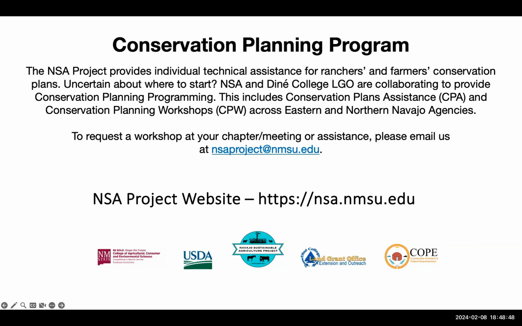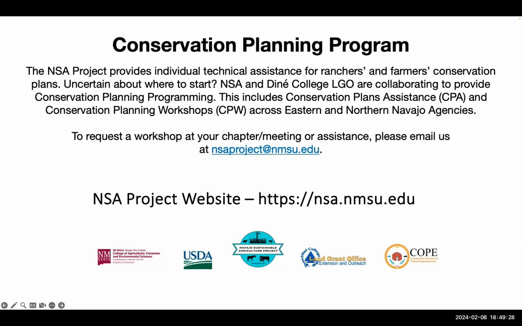From the beginning, I briefly talked about the conservation planning program. If you are interested, we do this for free. The NSA Project provides technical assistance for ranchers and farmers for conservation, building a basic conservation plan. Whether you are a farmer or a rancher, we work with you in developing a plan, either in a group setting or with technicians that will call you and meet with you individually.